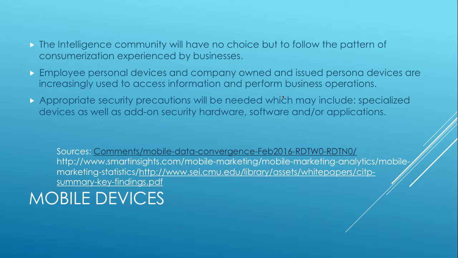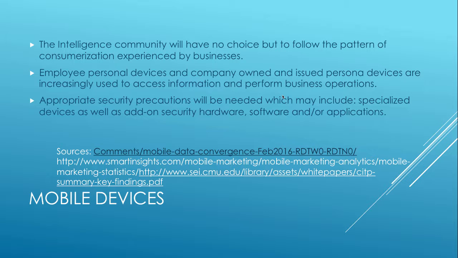A second critical trend is mobile devices. The IC will sooner or later have to follow the pattern of consumerization experienced by business. In July of 2016, for example, the Army replaced its Android phones with iPhones.